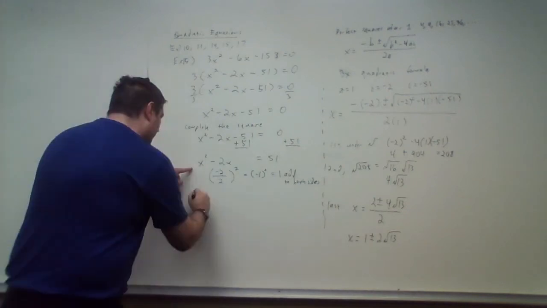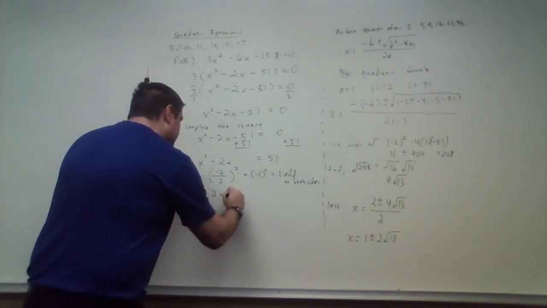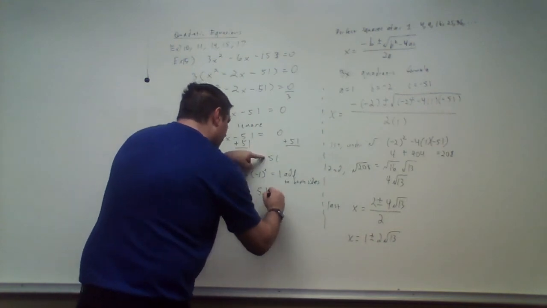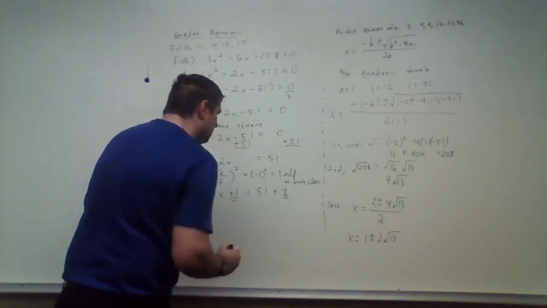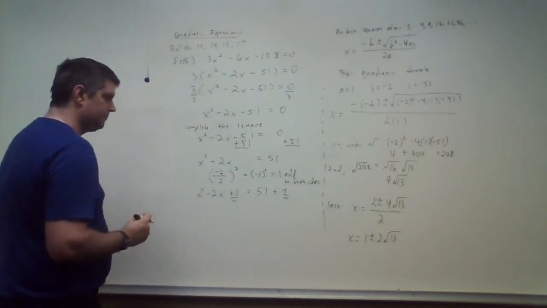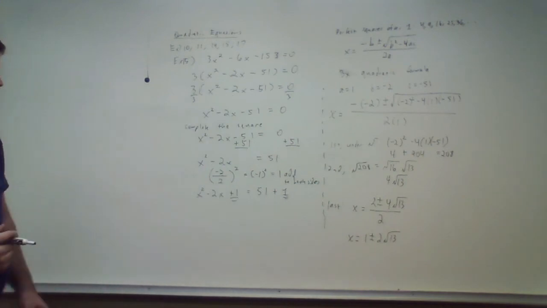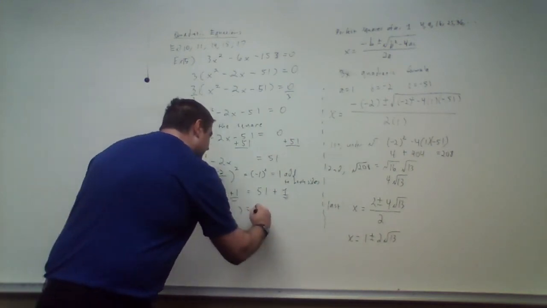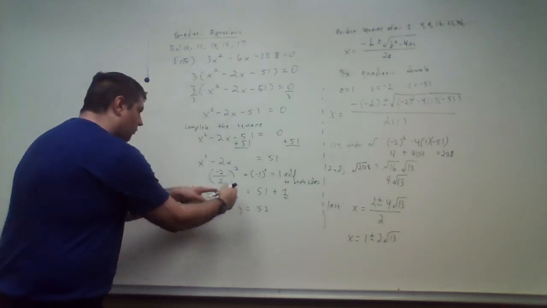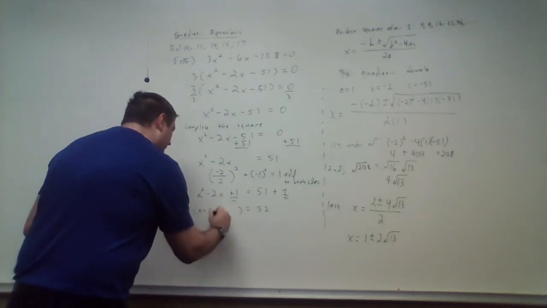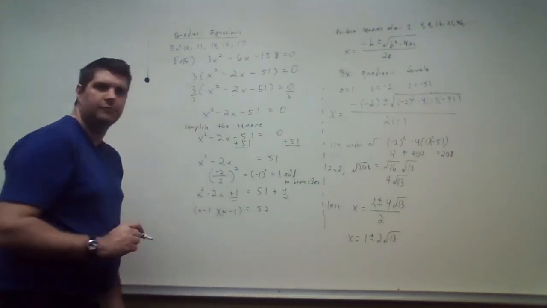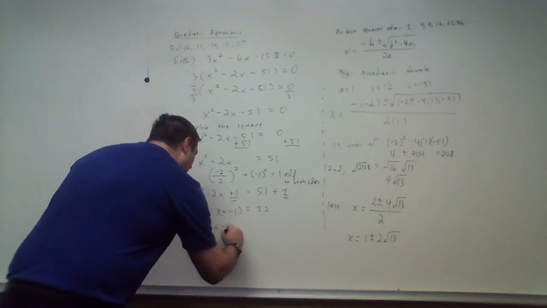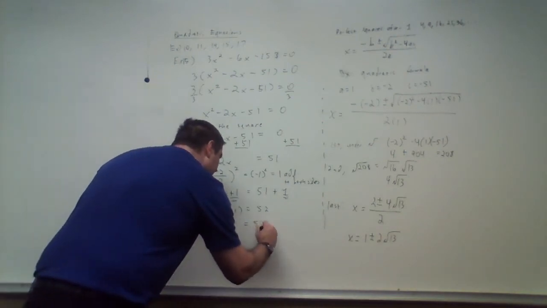So we have x squared minus 2x plus 1 equals 51 plus 1. This is factorable. This is 52. So the factors are negative 1, negative 1. So this gives me x minus 1 squared is 52.